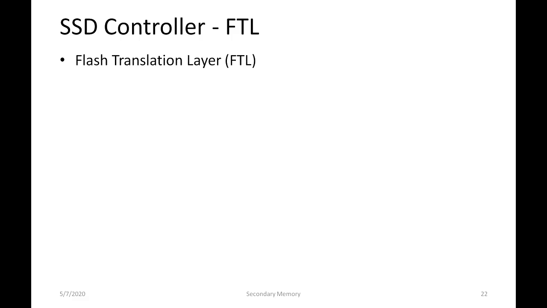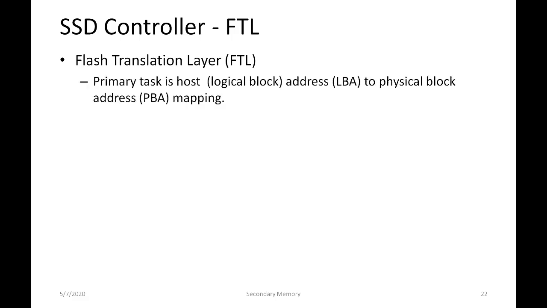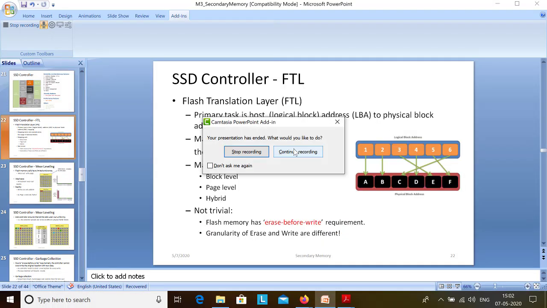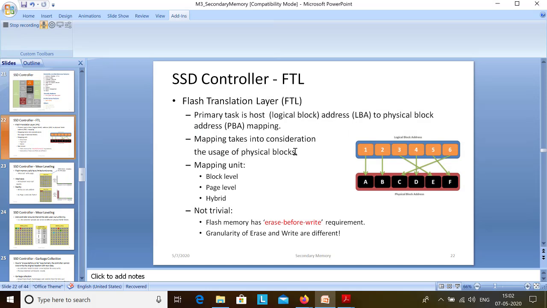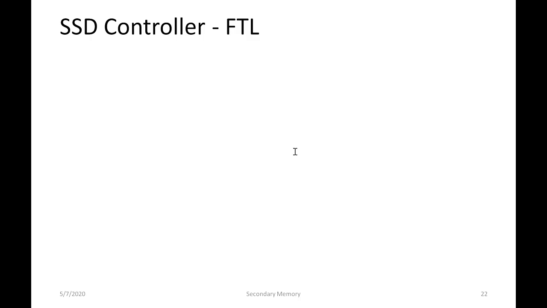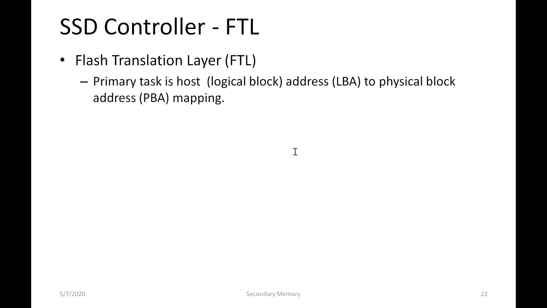The very first one is the flash translation layer. The primary task of FTL is to map the logical address from the host to the physical block address in the NAND flash.